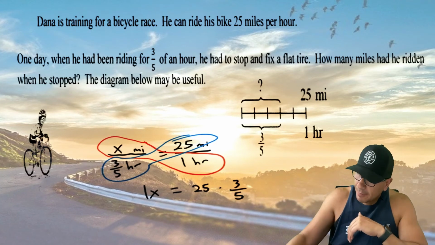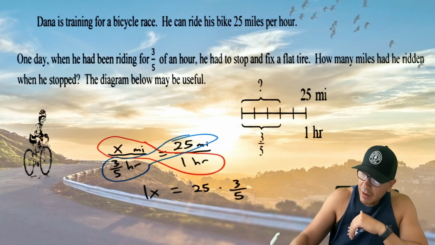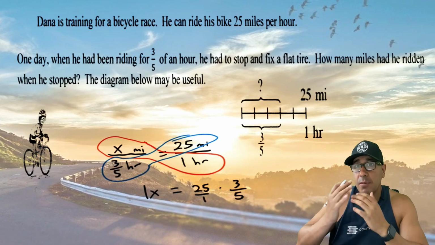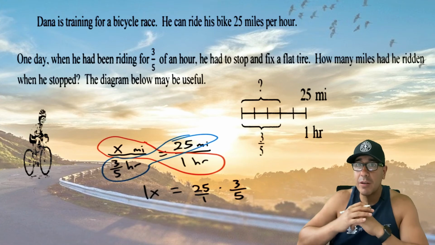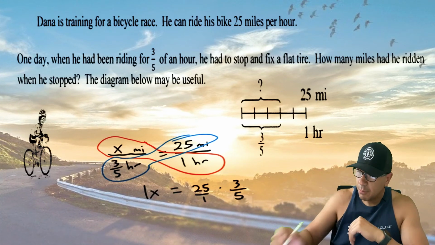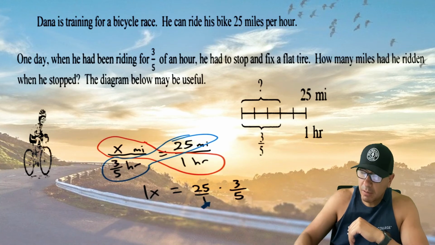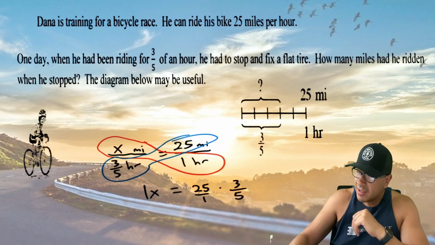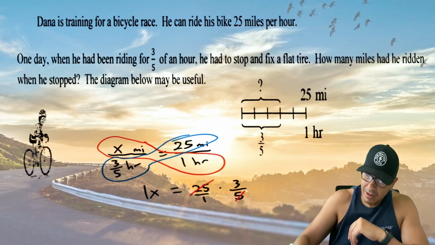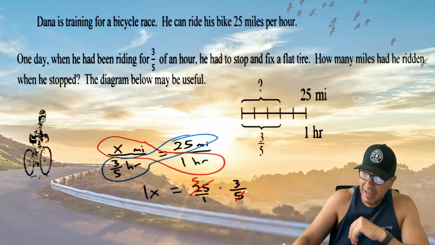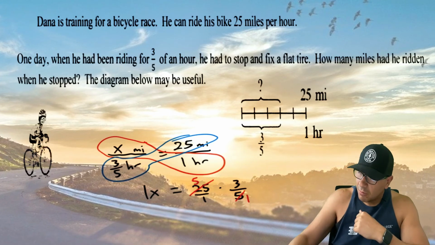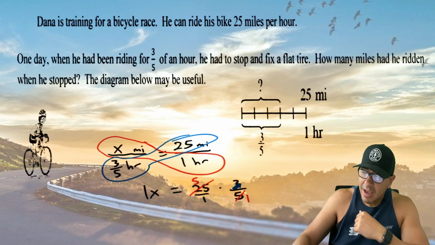If you have trouble with fractions, put that 25 over 1 so you can see it visually, and it's going to make it much easier to handle. If you don't have a problem with fractions, don't worry about it. But if you do, put that 1 on the bottom so that visually you can see that 25 divided by 5 gives me 5, and that 5 in the denominator totally cancels out. So what we're left with is 5 times 3.